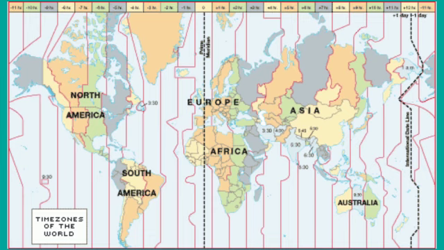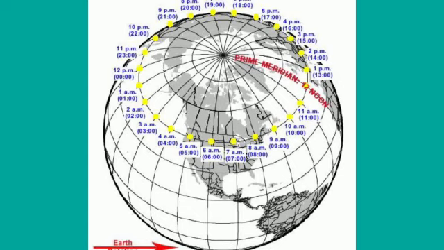Local time can be reckoned by the shadow cast by the sun, which is the shortest at noon and longest at sunrise and sunset. When the prime meridian of Greenwich has the sun at the highest point in the sky, all the places along this meridian will have midday or noon.